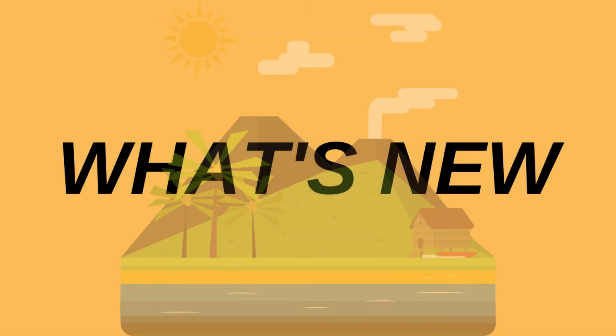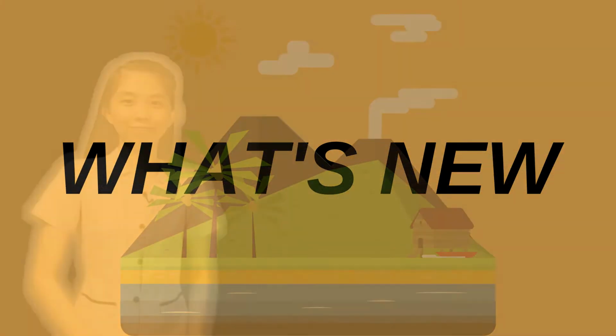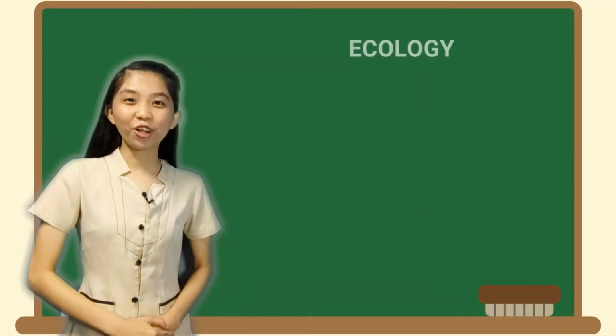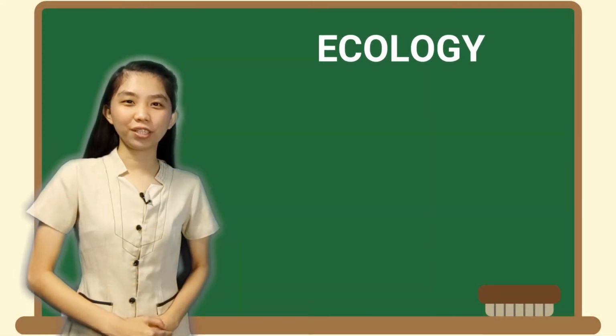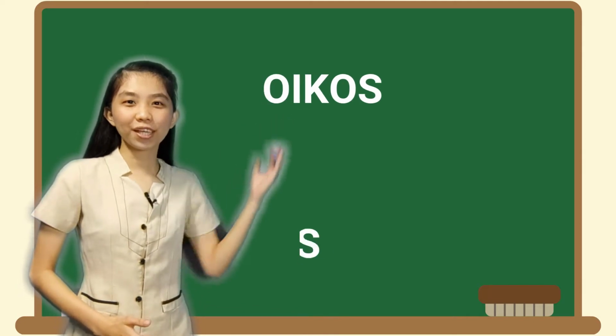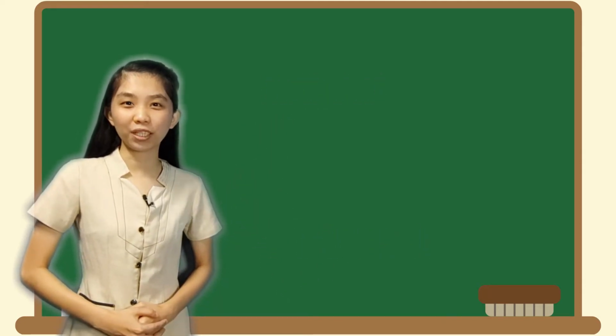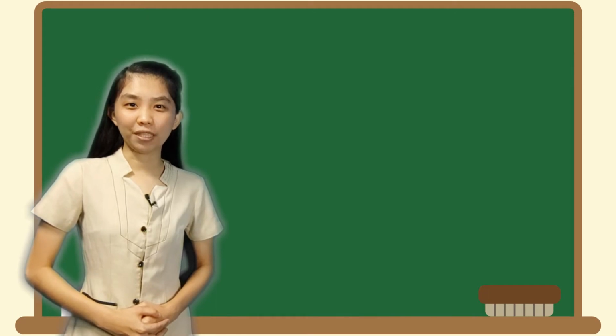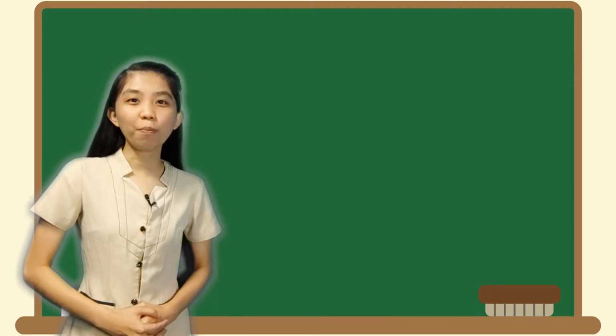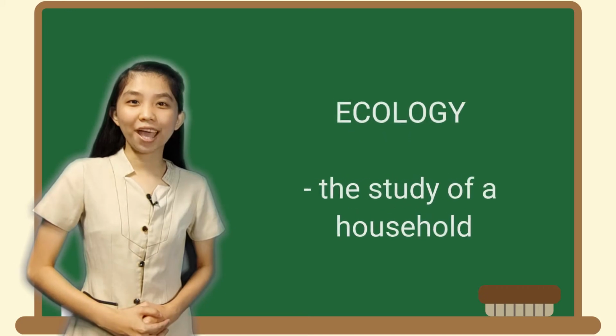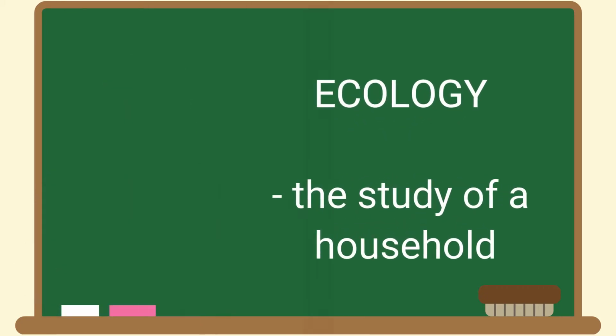What's new? The term ecology comes from the two Greek words, which is oikos and logos. Oikos, which means household, and logos, which means the study of. When combined, it means the study of a household.